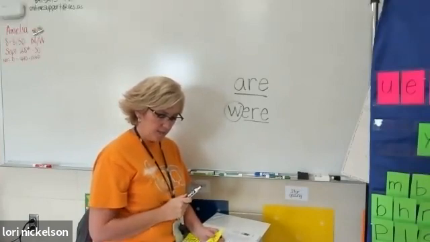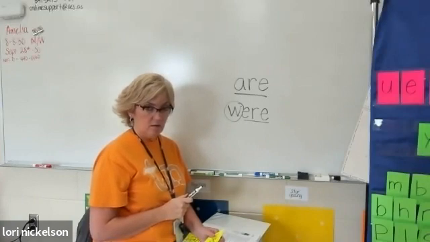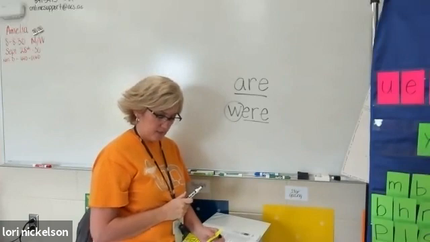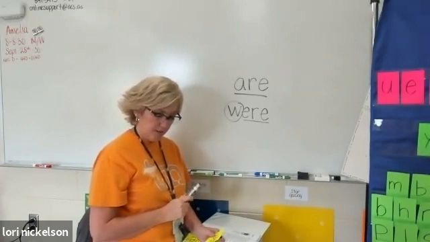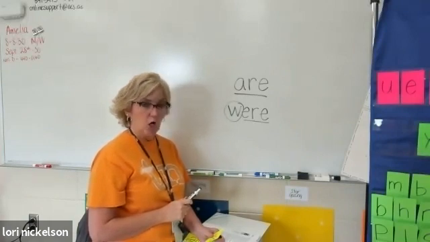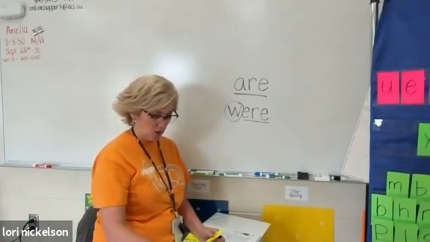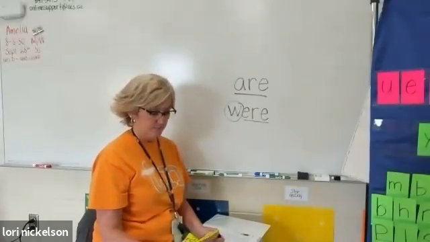You would probably expect it to be pronounced "ear," but it's pronounced "were." So when you read the word "were," you have to remember to pronounce the letters E-R-E as "were." But when you write the word "were," you have to remember to spell it with the letters E, R, and E.